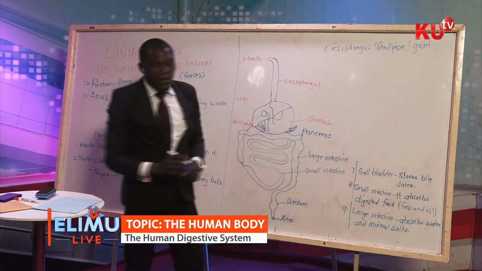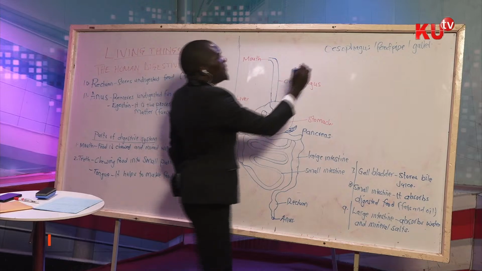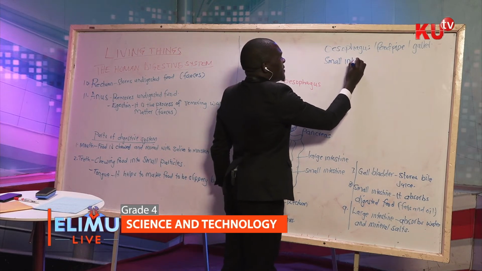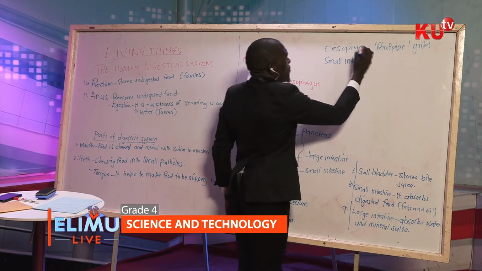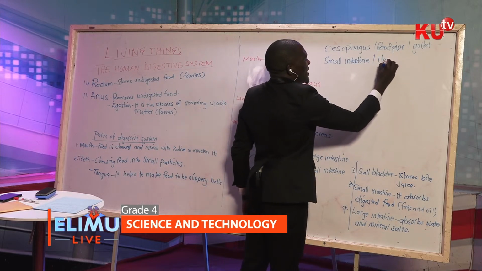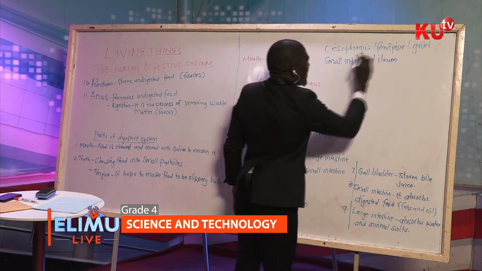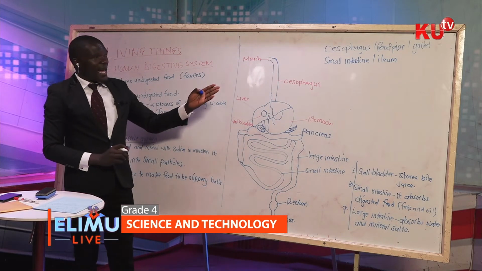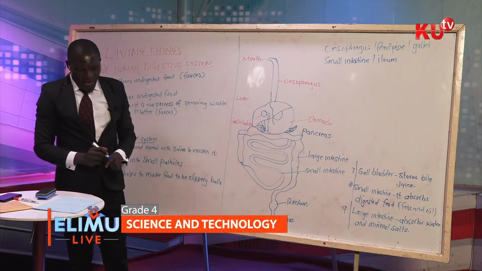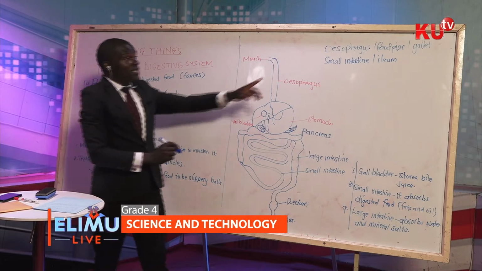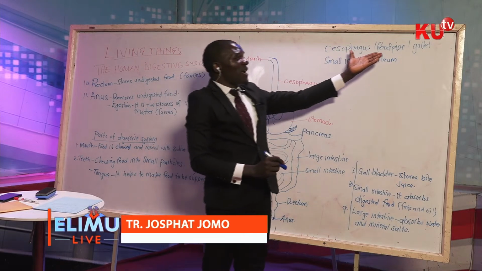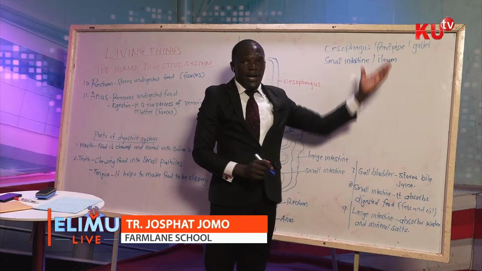The small intestine is also called the ileum. I'm just giving you the names that are similar. Whenever they set an exam, they might fail to use esophagus, and you find that we have food pipe or gullet.